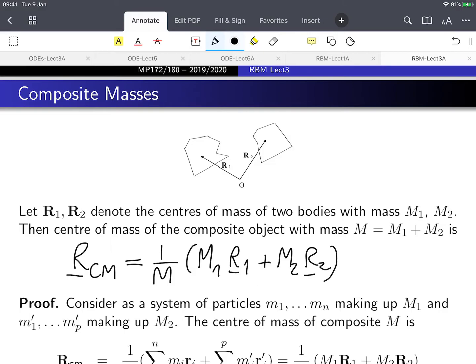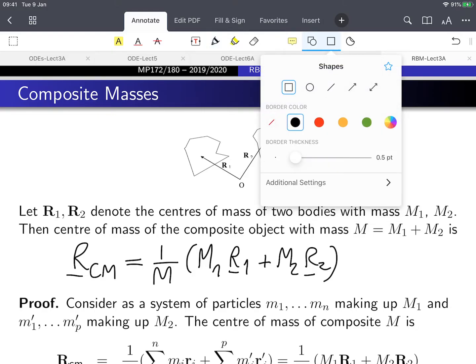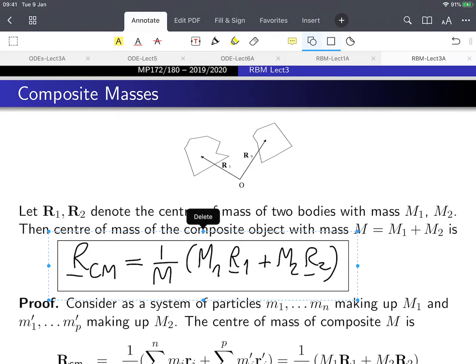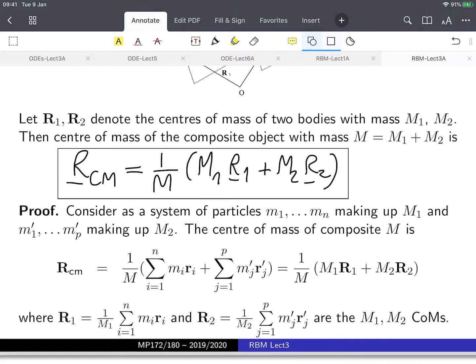And similarly, if there were 3 parts or 4 parts, you just go back to the definition and you'll see that it's just a matter of writing it. There's no calculation really, just definitions. Right, so here's the proof.